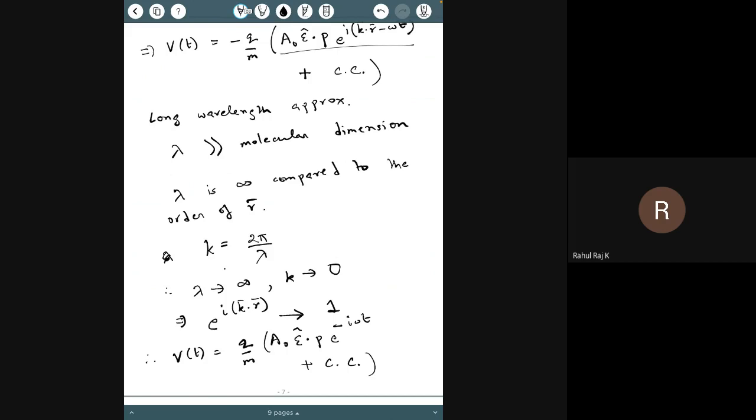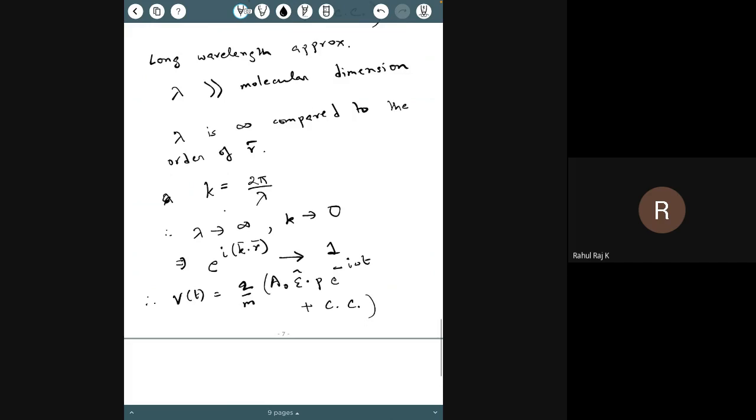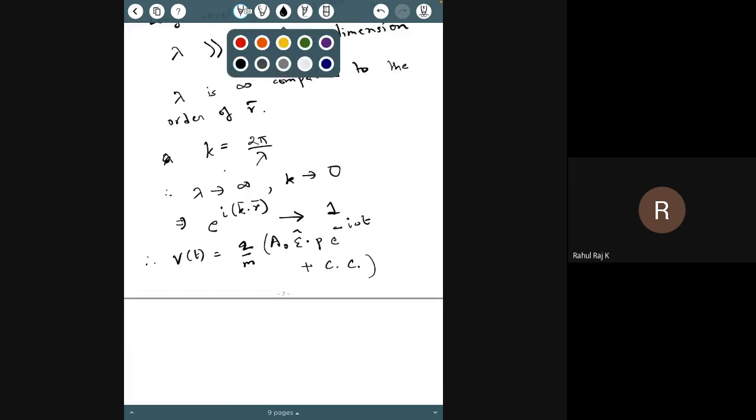Okay, so that gets simplified. And this is basically what is called the electric dipole approximation. Now, why it is called the electric dipole approximation, a little bit of further analysis will show us, but the approximation itself is this one. Okay, so this is basically the electric dipole approximation.